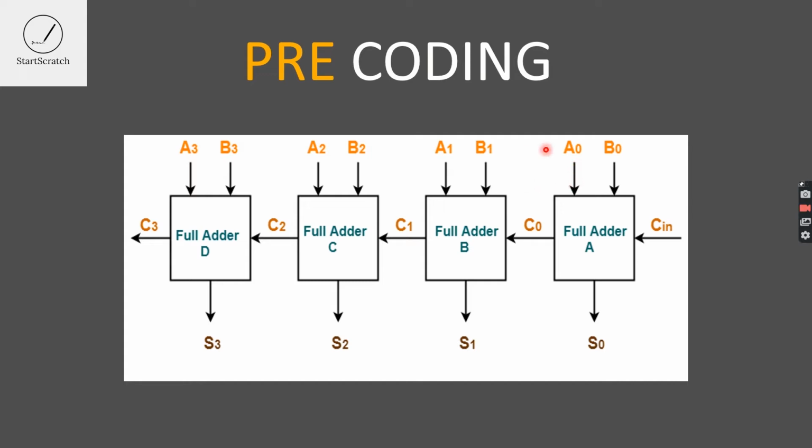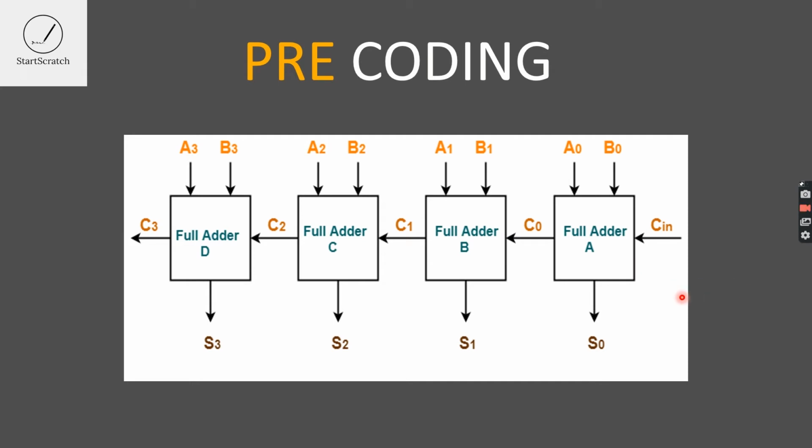Let's say I will be giving two 4-bit numbers. The first 4-bit number is 1111, and the other 4-bit number is 0000, so I will be giving A3 A2 A1 A0 as 1 1 1 1 and B3 B2 B1 B0 as 0 0 0 0. That means you are splitting the 4-bit numbers into single bits and giving each bit to a full adder.